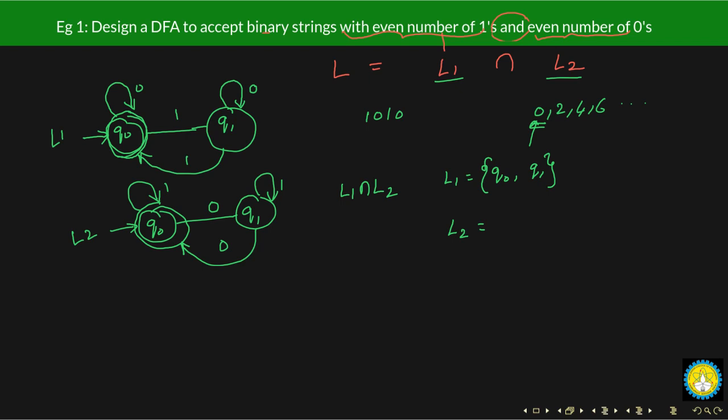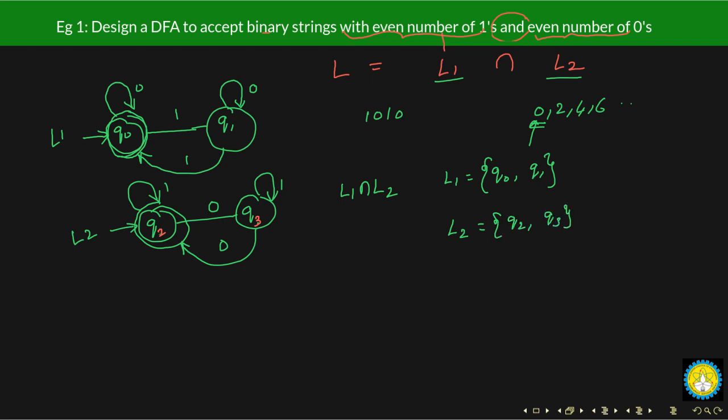Let me take my eraser and erase this one. Instead of Q0 and Q1, I am going to use Q2 and Q3. So my L2 consists of Q2 and Q3.